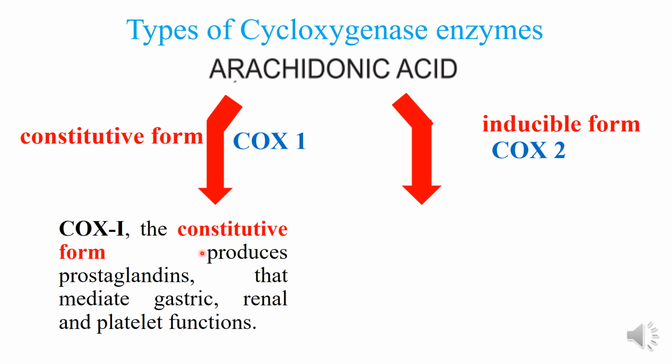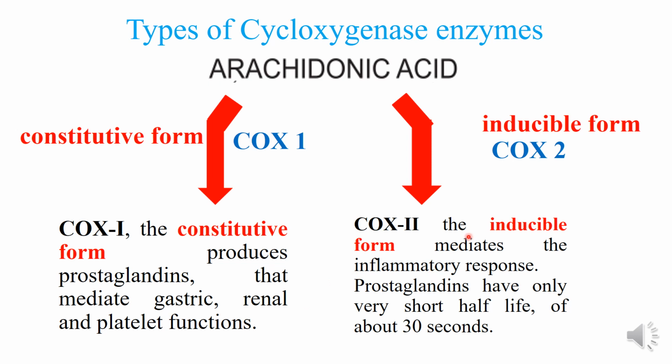The COX-1 produces prostaglandins and mediates gastric, renal and platelet functions, whereas the COX-2, which is an inducible form, mediates inflammatory responses, and these have only a very short life of as much as 30 seconds. So that is how the prostaglandins act by COX-1 and COX-2. They are also known as local hormones because they have various actions on the cells that are around them.